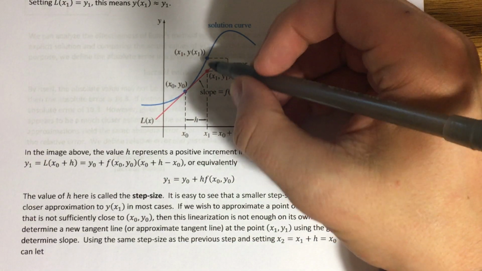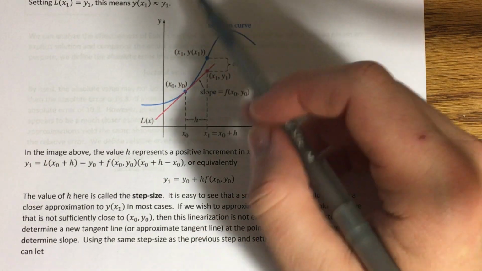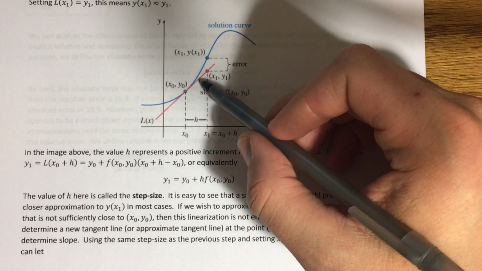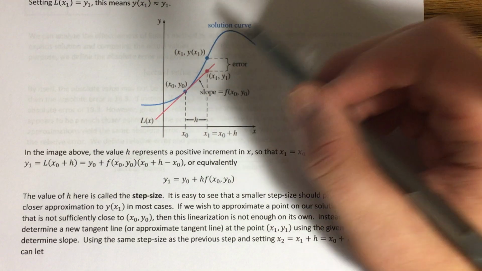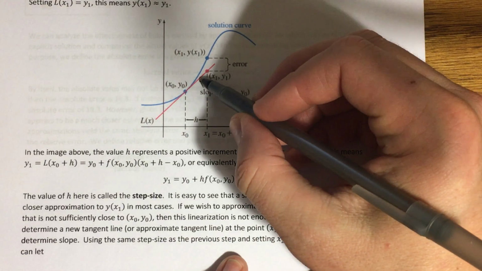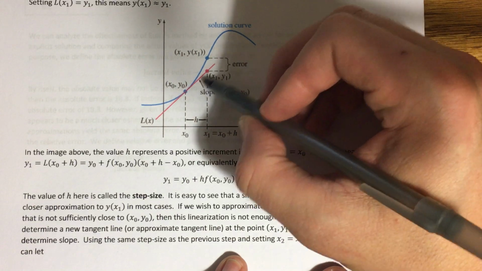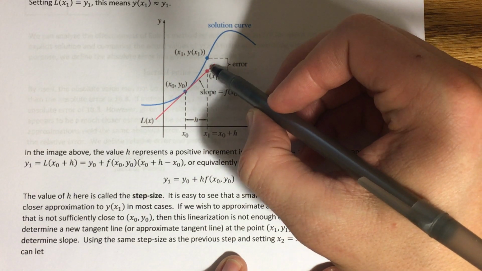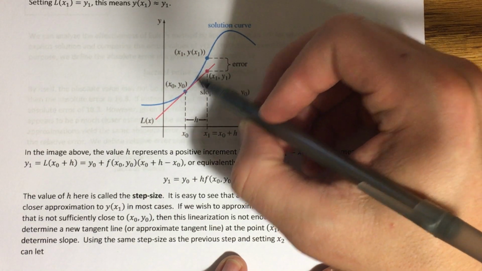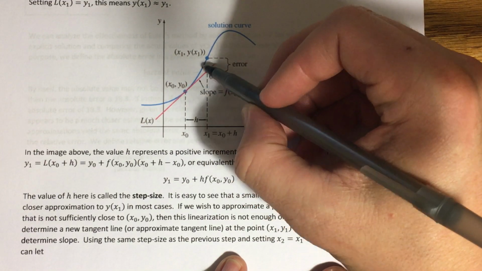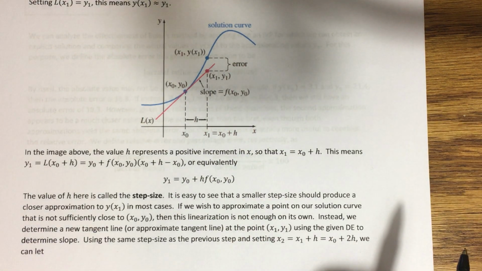So what we can do is use our DE once again to come up with a new slope, and then use that to find a new equation for a line. It's not really a tangent line anymore because it won't be tangent to the curve, but it sort of adjusts the direction that we're traveling at. So this tangent line is not steep enough. I'm going to come up with a new line through this point that adjusts that steepness so that we can more closely hug this curve with our approximations.